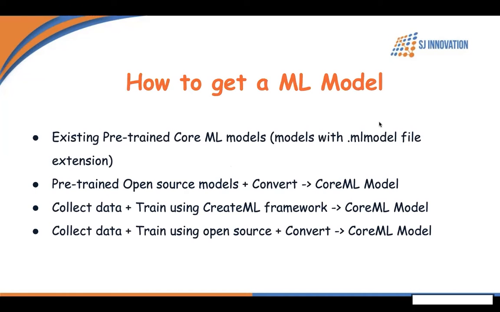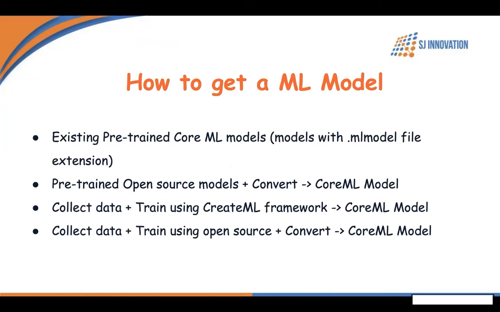Okay, now how to get a machine learning model? There are different ways. Either you can use existing pre-trained CoreML models with the .mlmodel file extension, or you can use pre-trained open source models and convert them to a CoreML model.